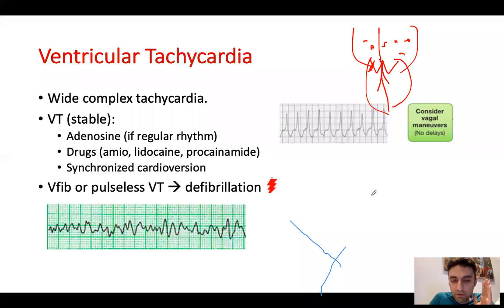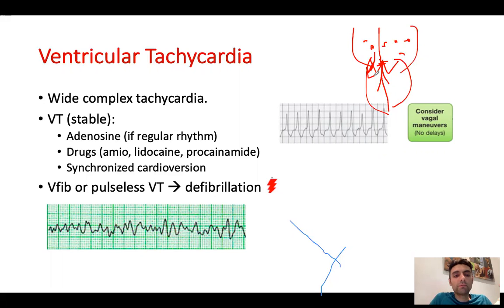If you have irregular wide complex tachycardia and you give adenosine, you block the AV node, then you encourage the AFib signals to go down the pathway even more. So you may convert the patient from stable AFib with WPW into VFib.